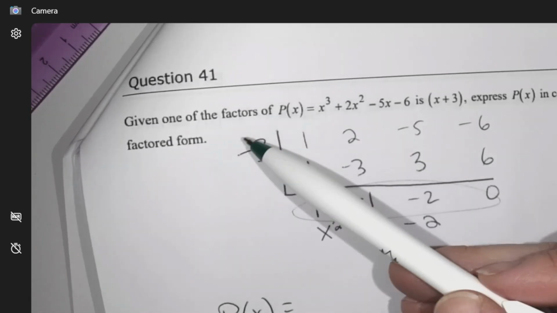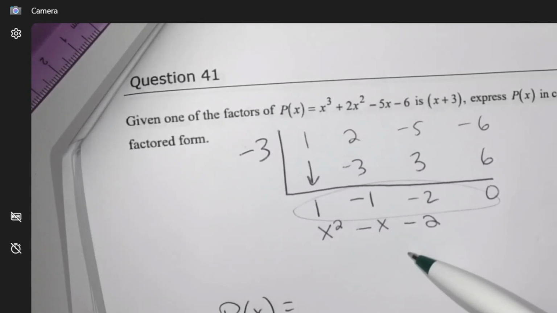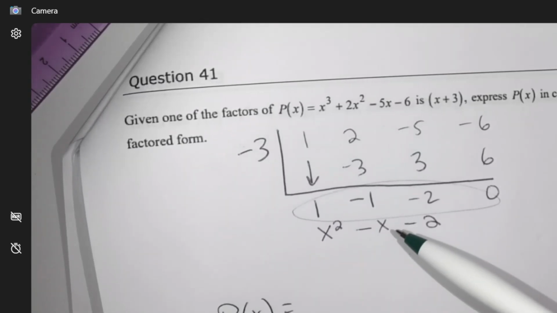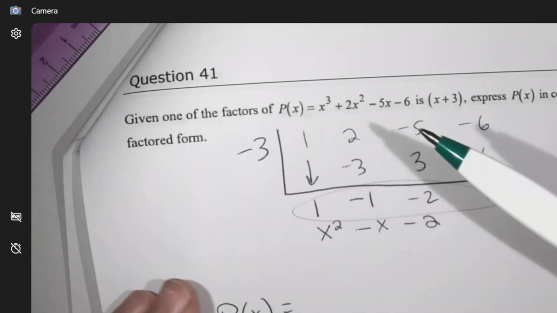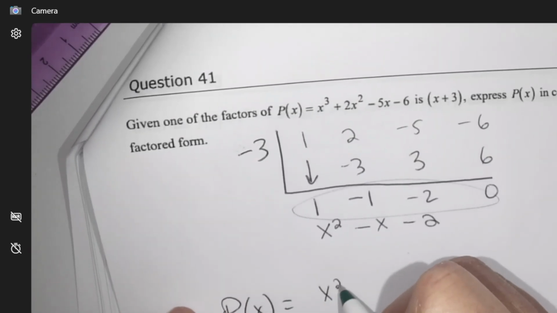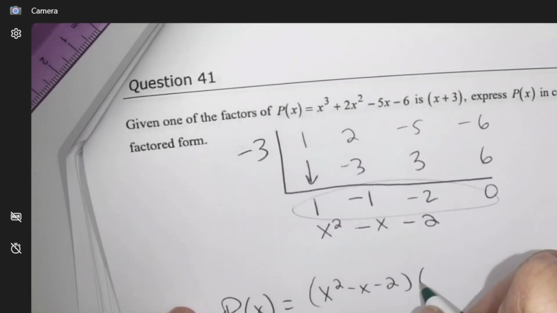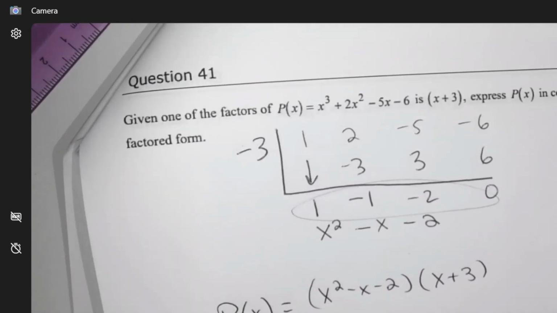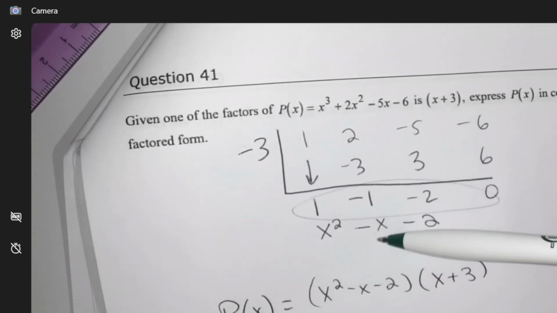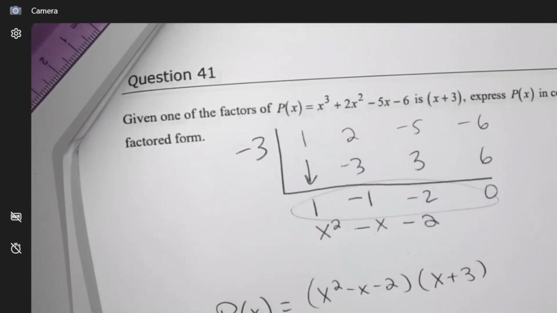So this divided by this is this, so I want to write factors, the timesers. So this times that is the cubic. This divided by that is that, therefore this times that is that.